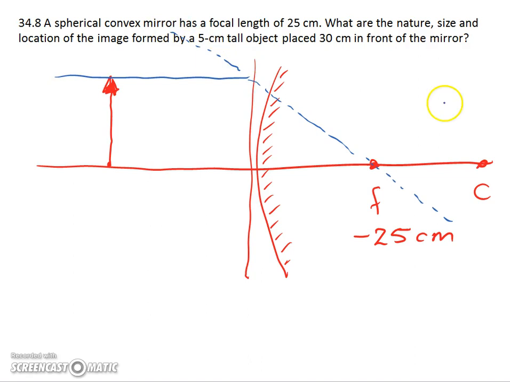And the other ray, which we always consider, is one which will pass through the center of curvature and will therefore be reflected back upon itself. So let's look for that one, and drawing it in.